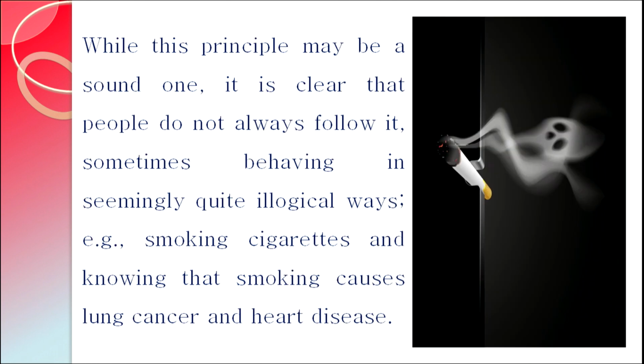While the principle of consistency is clear and a sound one, it is also clear that people do not always follow it. For example, everyone knows that smoking cigarettes leads to cancer. Still they do it. Normally, if you hold a very strong attitude, all three components of attitude remain consistent and do not contradict each other.